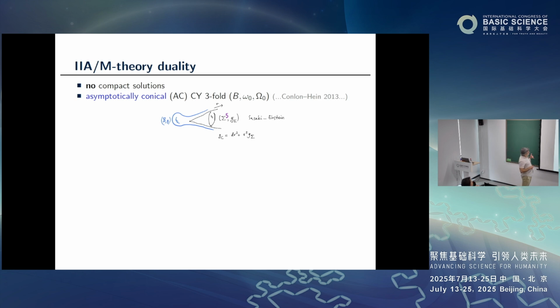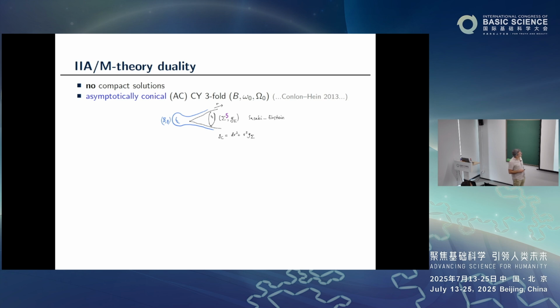So we need to allow some source of non-compactness, and there are 2 ways that we can do this, and we can also take them together. So one way is to look for complete non-compact examples, so local examples, and another one is to introduce singularities.